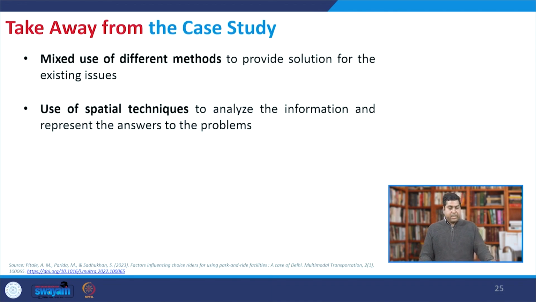Now, coming to the takeaway from this case study, here we have seen one application of spatial analysis, but at the same time you can also treat it as a mixed method, where we have used the GIS and scoring as a quantitative analysis, and the criteria weight derived from AHP as a qualitative one.